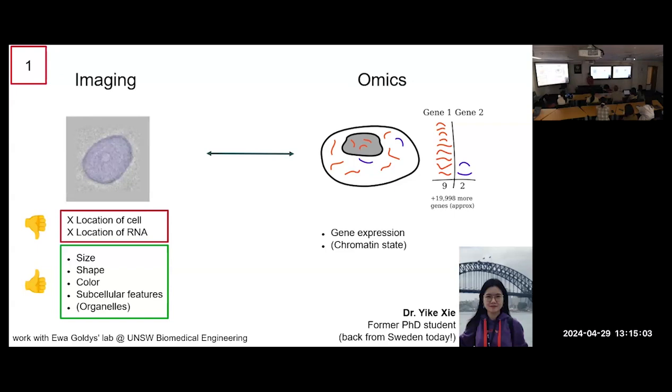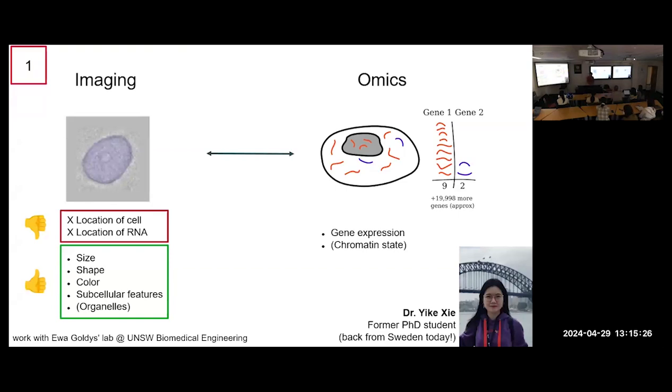So the idea is to combine information from imaging or high content imaging and omics from the same cell at some reasonable scale. And just to dispel any doubts, we're not trying to do what spatial transcriptomics does. So we're not trying to figure out the location of the cell compared to other cells. We're not trying to figure out the location of the RNA molecules compared to the cell.